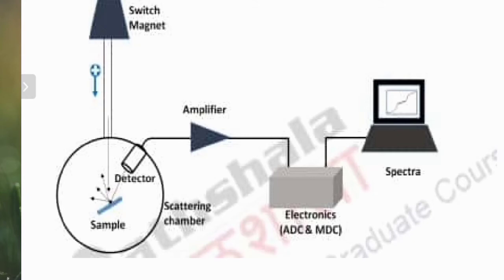The detection of backscattered ions is usually performed by using solid state detectors: either a silicon barrier detector or a passivated implanted planar silicon detector.